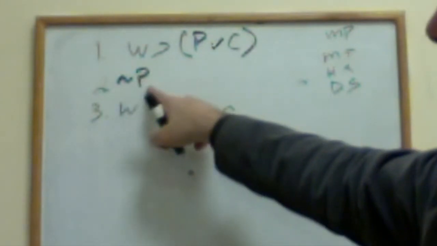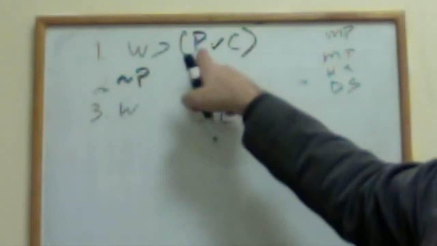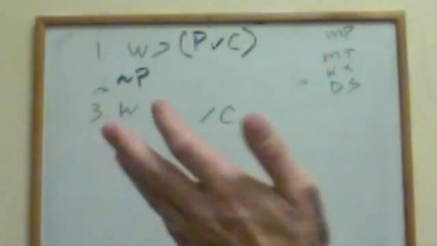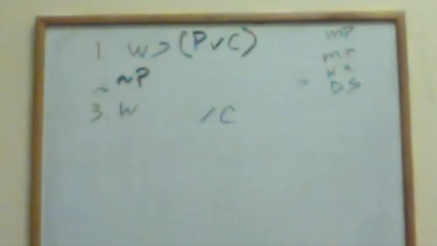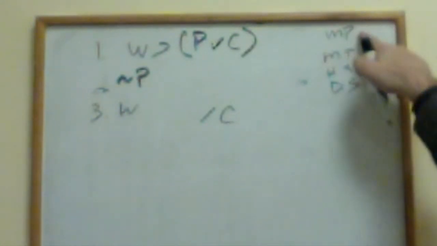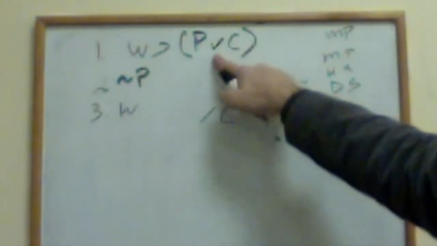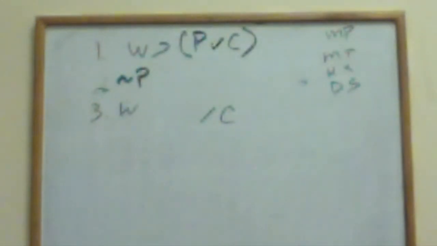We cannot use tilde P and apply disjunctive syllogism right there because it's part of this larger sentence, W horseshoe, parentheses, P wedge C. But of course, we could use modus ponens to get P wedge C if we had W hanging around. And we know that W because we've asserted W on line 3.